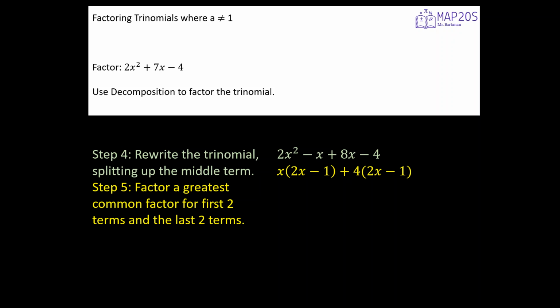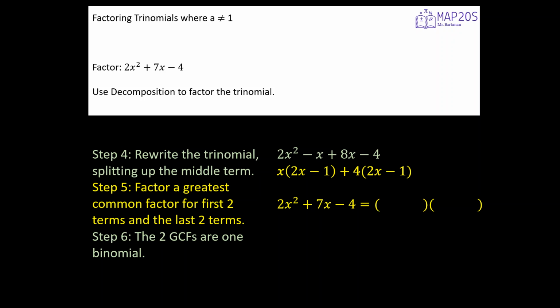All right, so that's important that we take out the greatest common factor. And by doing the greatest common factor, we should always get our brackets to look exactly the same. That's one of our factors, right there. So here's going to be our final answer. We know that we have 2x squared plus 7x minus 4. We want to try to figure out what two sets of brackets give us this. And so the two greatest common factors that we pulled out, the x and the 4, are going to become one of our binomials.